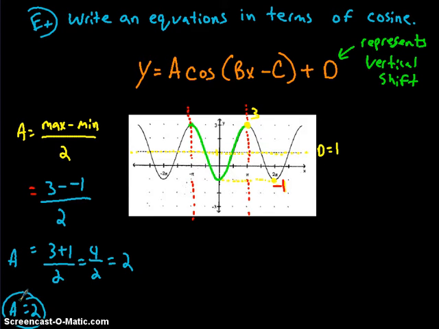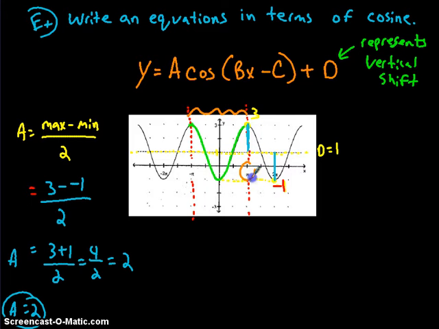in this problem. So that basically means that I went up 2 from the middle line. If you count it, it went up 2 spaces. I went down 2 from the middle line, and you do 1, and that's 2. So I know A. Next thing is B. You don't know B until you know the period. So you go about finding the period, just like we did last time, by finding how far this is.